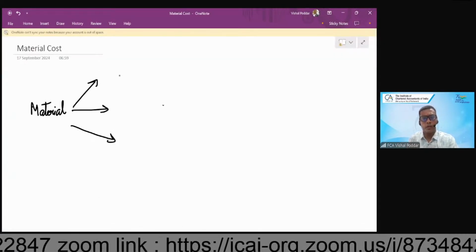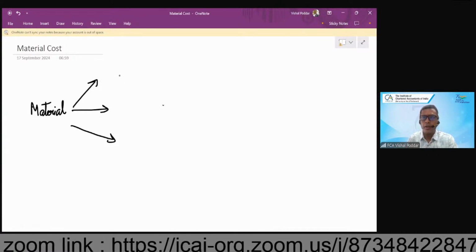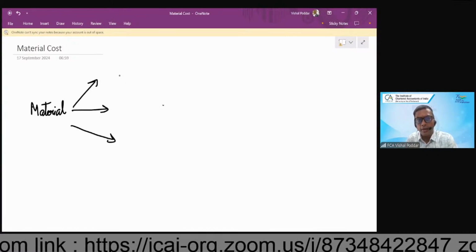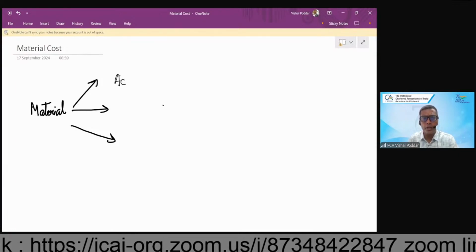So the first aspect that you study in all these elements, that is material, employee, labor, and the expenses and overheads, you will find that the first component is the accounting.